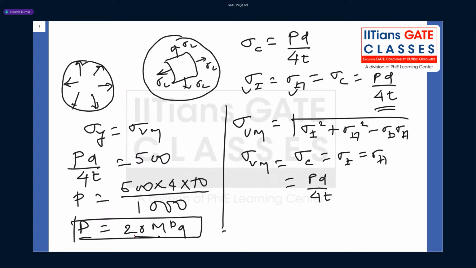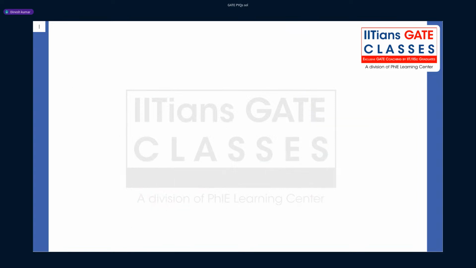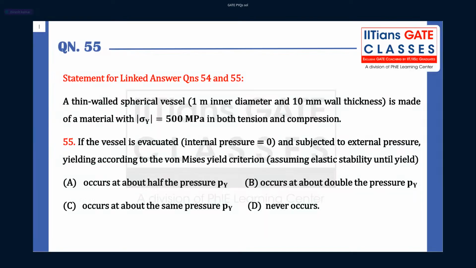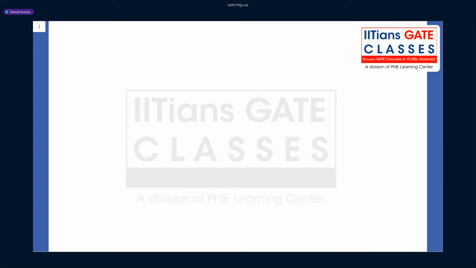Now guys, read the next question. What does it say? If the vessel is evacuated, internal pressure is equal to 0 and subjected to external pressure, yielding according to the von Mises yield criterion. Now what is happening?